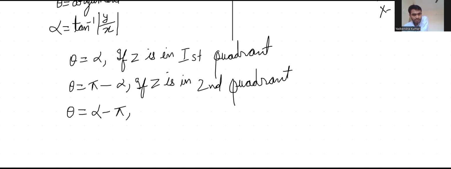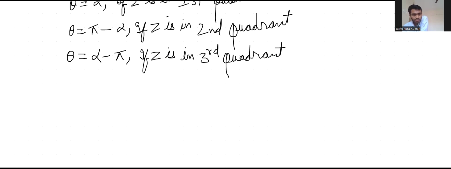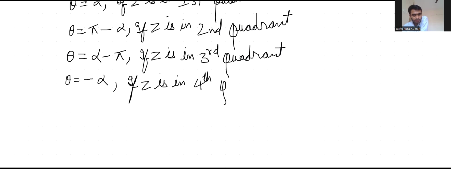So if Z is in the third quadrant, theta will be equal to minus alpha if Z is in the fourth quadrant, right?